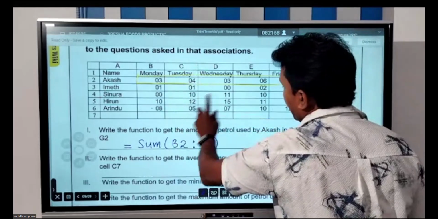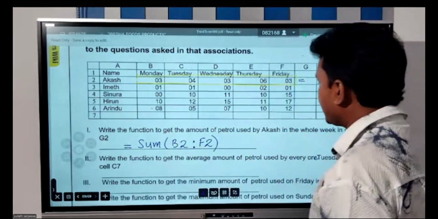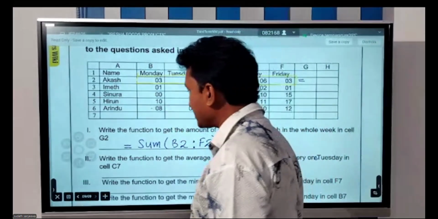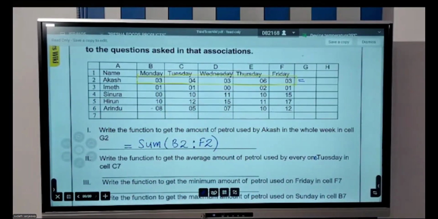So what is the function we have to write in cell C7? Yes, to get the average.